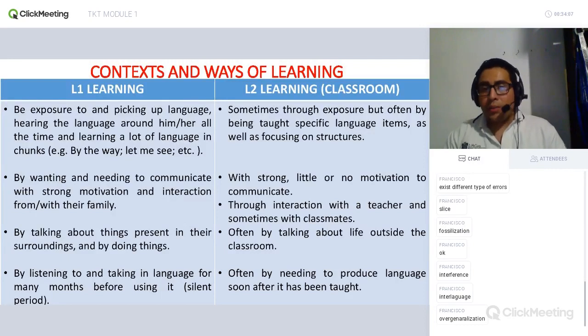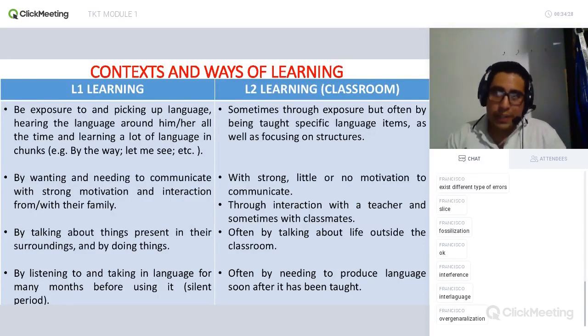And in L2, there might not be motivation because you don't need to communicate directly. That's what I mean. And exposure is very, very little sometimes. And you don't really need this language. It's just for education or job situations, but if you don't speak it, you won't die.